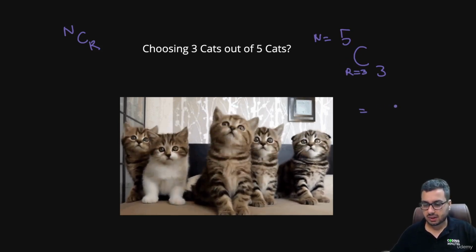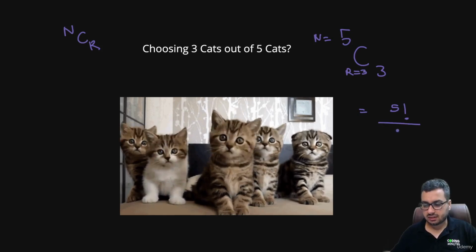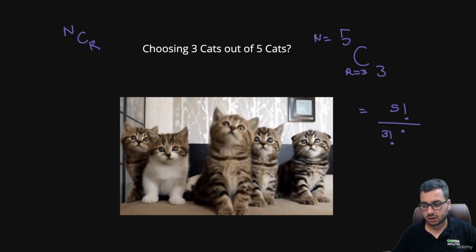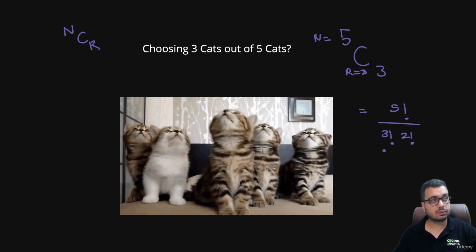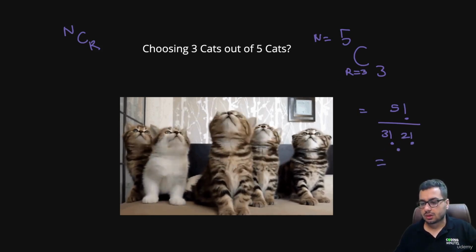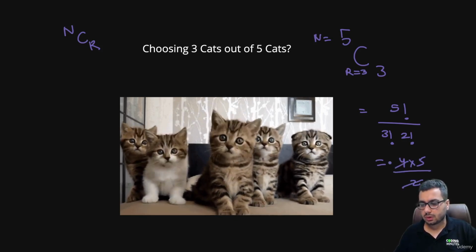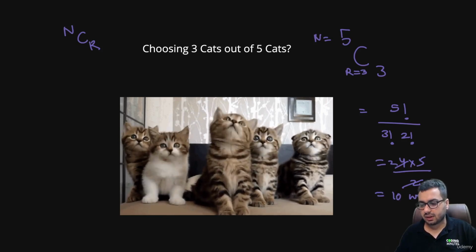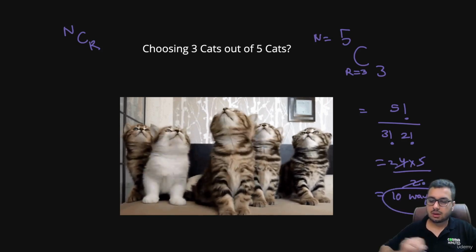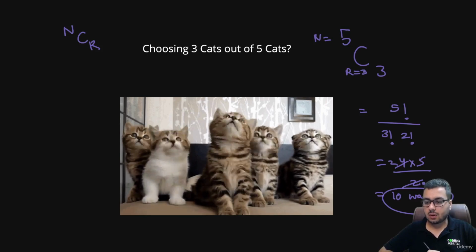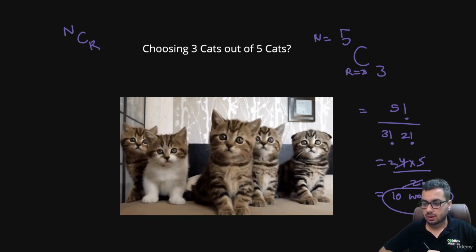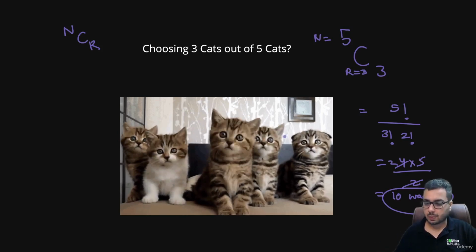These can be picked in 5 factorial upon 3 factorial into 2 factorial ways. That is 4 into 5 by 2, so there are 10 ways of choosing these cats out of 5 cats.